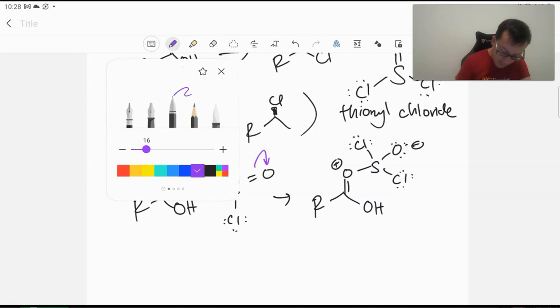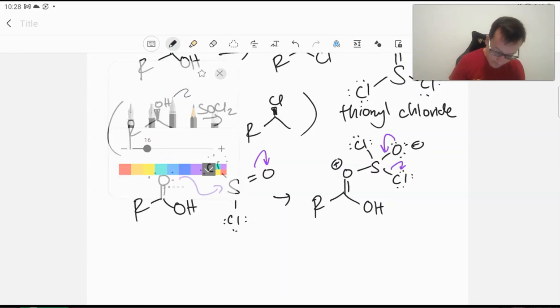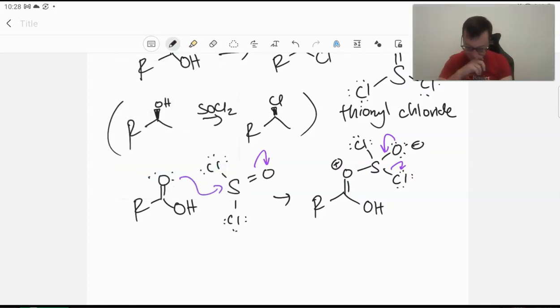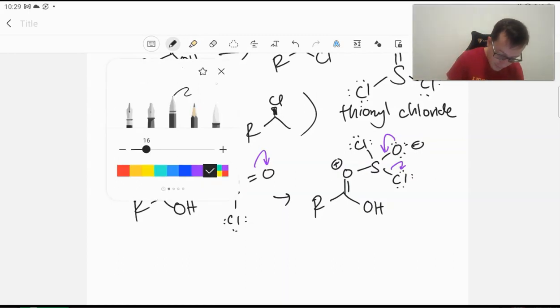Apparently I'm using purple for my reaction arrows now, so I'll just do that. So we're going to kick out a chlorine. And what's interesting here is this is actually a pretty good leaving group, as we're going to see, but we'll have a few more steps to do.